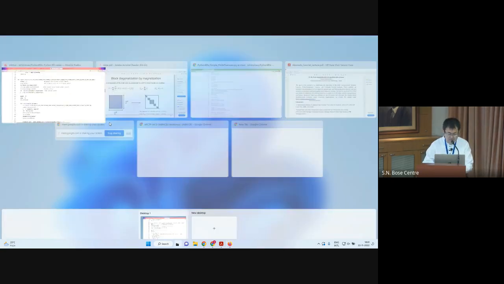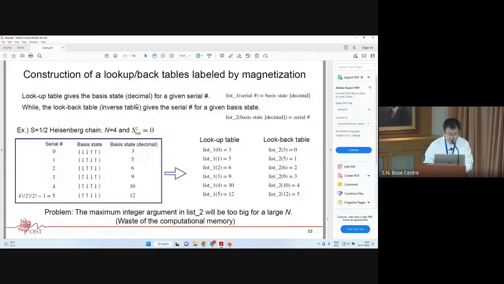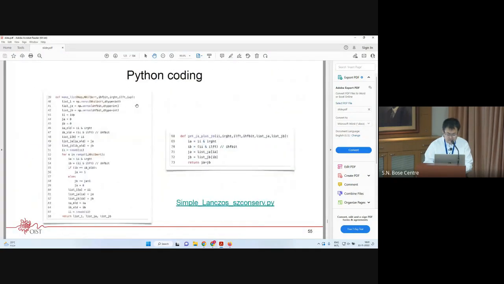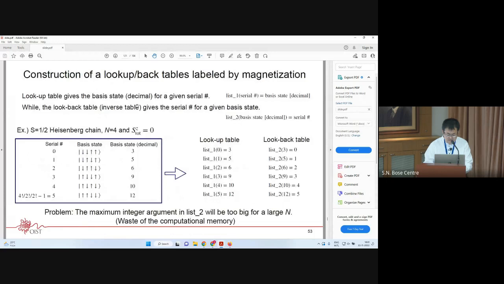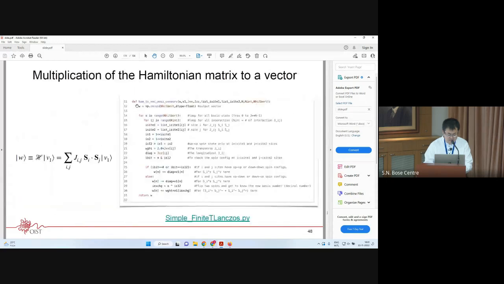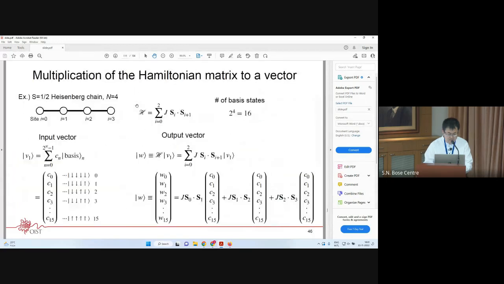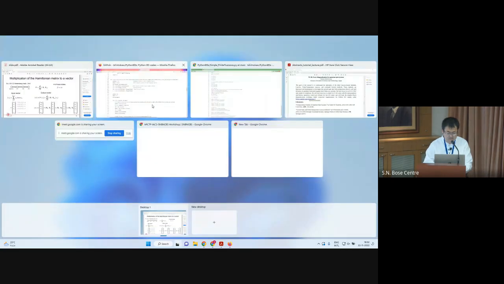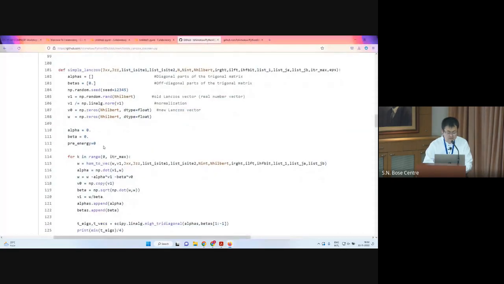This V1 is defined in my lecture notes. First we should normalize this initial random spin vector by using this function.